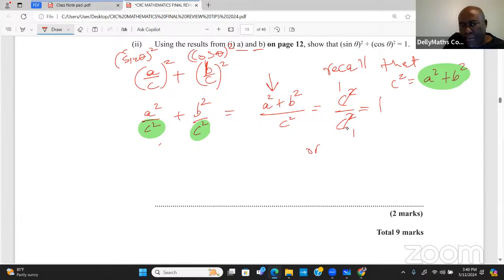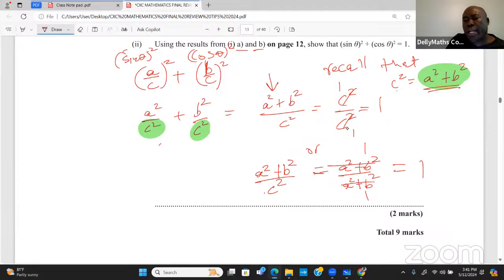Or secondly, if you wanted to do it the other way, take a look. You could have said, okay, I have A squared plus B squared over C squared. Remember, C squared is A squared plus B squared. So I could put C squared as A squared plus B squared, and anything divided by itself still gives you 1. Whichever way you approach it, you would have gotten the same response.